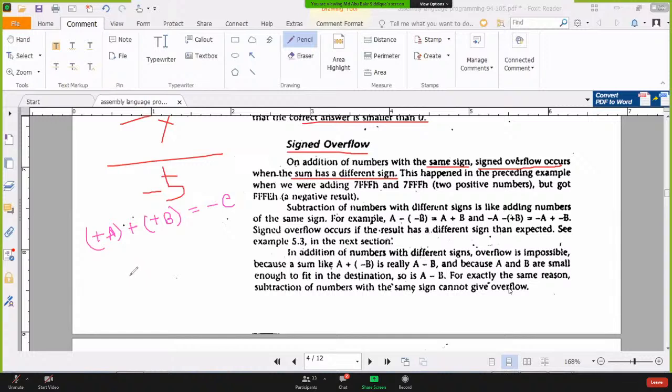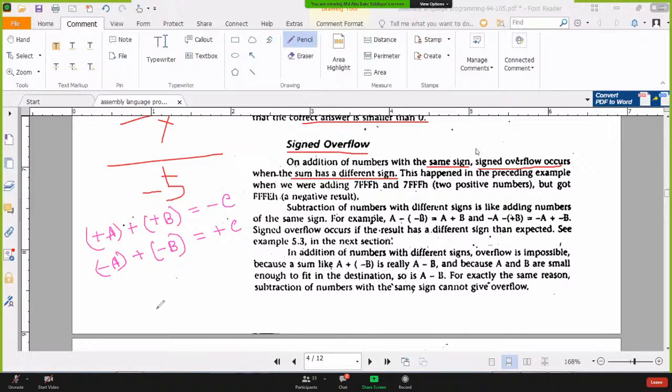You immediately know that overflow occurs, and you have to look at the MSB to understand that. Suppose you add negative A plus negative B, and you get positive C. Immediately you can say overflow occurred.